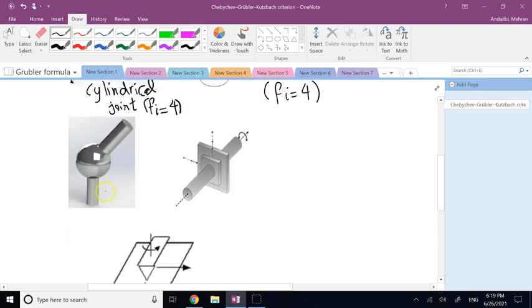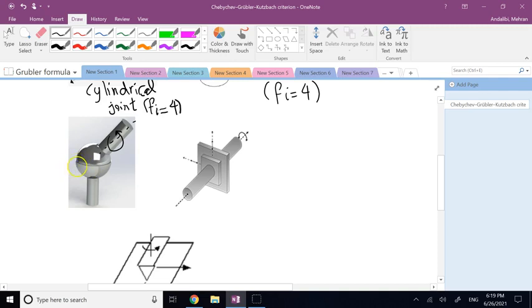Then we have spherical joints, which allow you to have all 3 types of rotations but no translation. So here you can have all sorts of rotation, and it might not be super easy for me to show it, but one of them is this spin here.